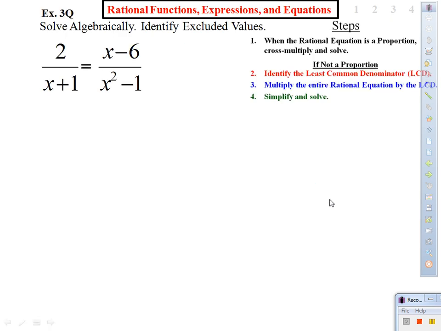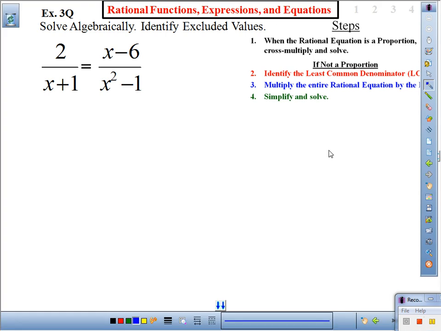copy this one. Example 3Q. All right. Do we have a proportion? Yes. All right. So I'm going to start on this side. 2 times these two terms.